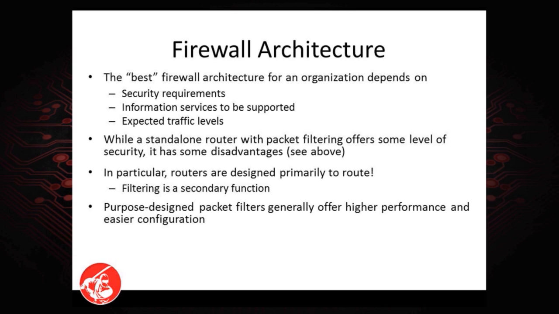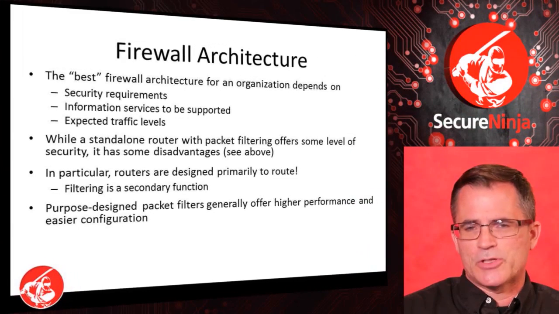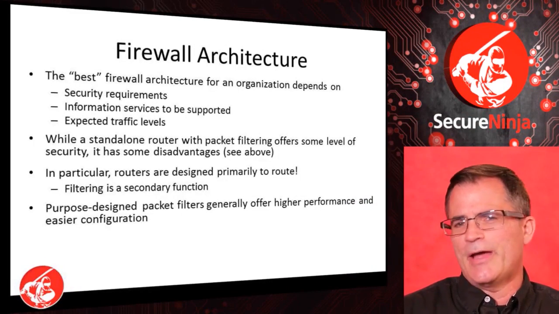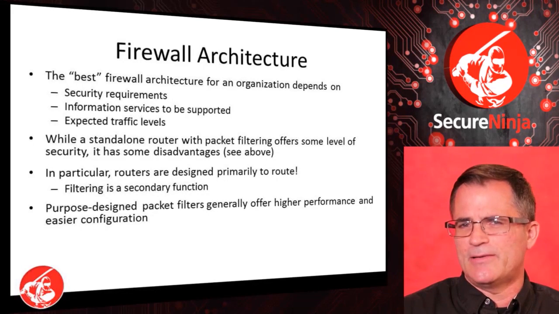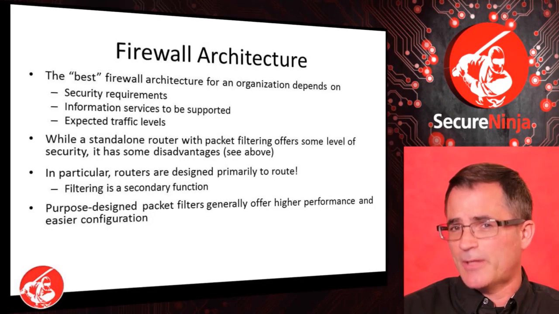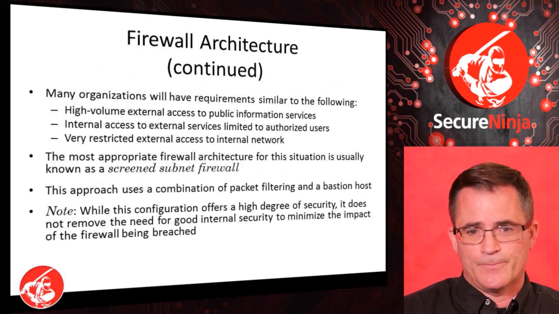So purpose-designed packet filters are much higher performance, easier to configure, and much better when it comes to firewall architecture. As I showed on the flip chart a little while ago, there are different architectures of firewalls. So you have to be aware of this when you're testing, that you're probably going to run into some type of firewall architecture.